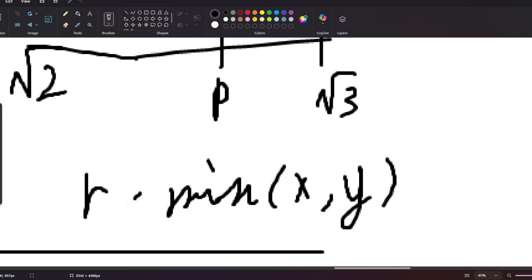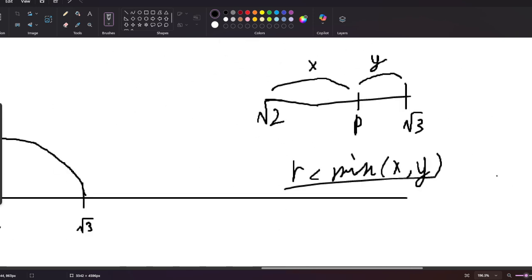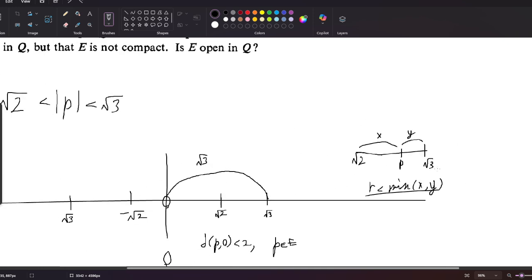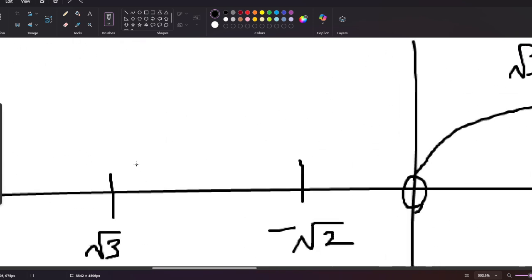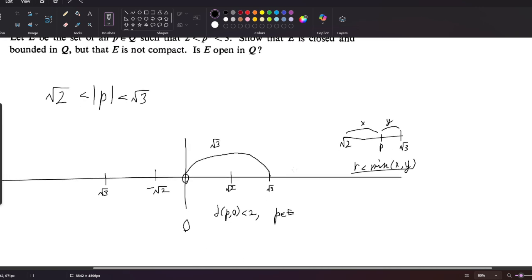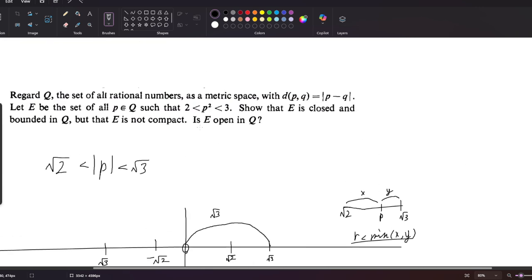Say that the radius is less than that. Well, we can always pick a rational number between any two real numbers, so this isn't a problem. And similar case for the other side here. So it's not trouble to show that E is indeed open in Q.